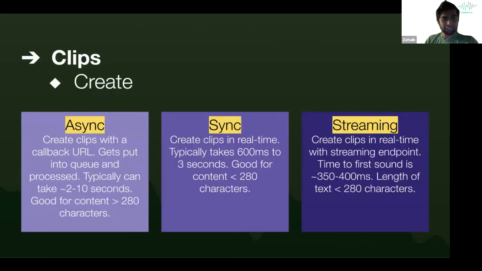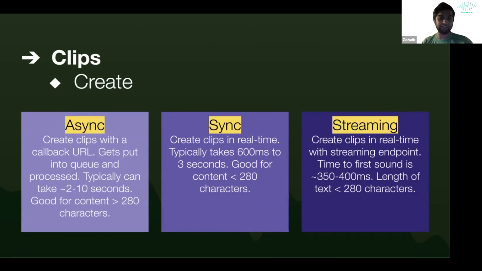So in terms of clips, there are three main ways of creating them. The first is async. The idea here is that you make a request, it goes into a queue, and it gets processed as it goes along. Typically, this could take anywhere from 2 to 10 seconds. We recommend this for any content that is longer than a tweet, so 280 characters.